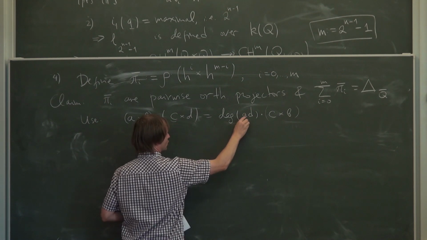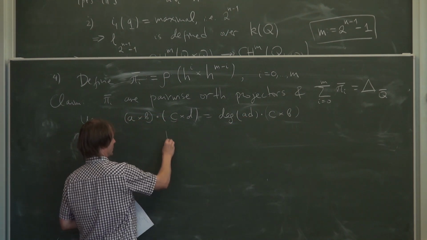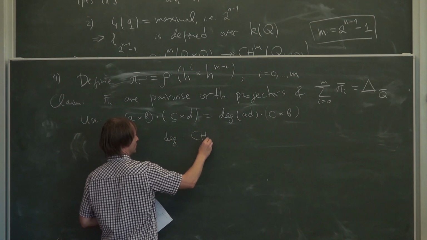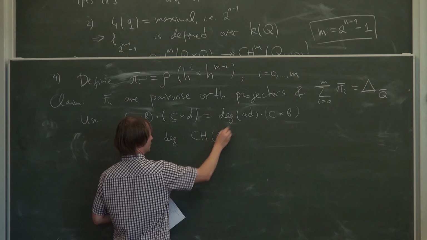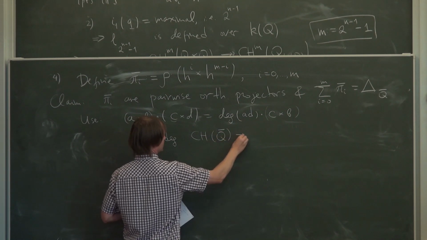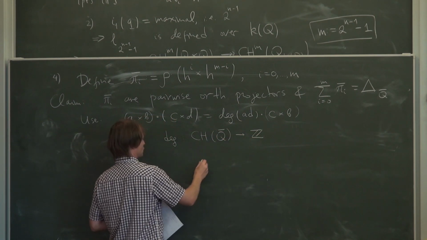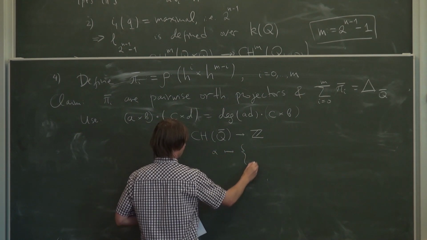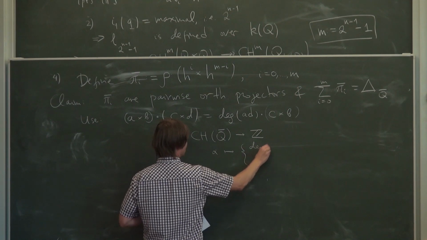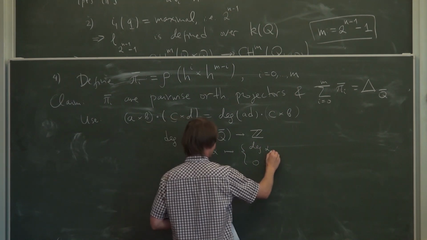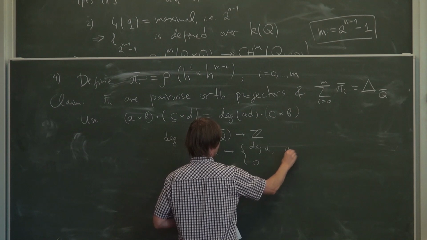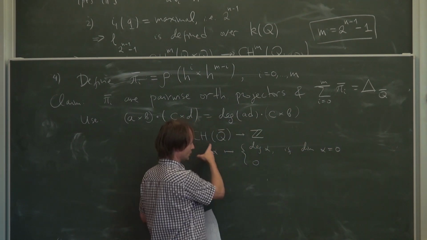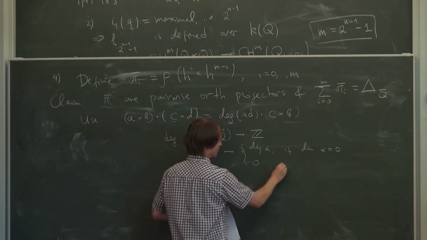I mean, this is the usual product, A times D. And the degree is the usual degree. So it's from Chow of Q, in this case Q bar, to Z, which maps alpha to the usual degree of alpha if alpha has dimension 0, so lies in Chow 0 of Q bar, and 0 otherwise.